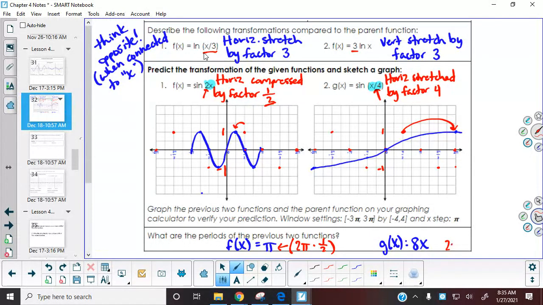Your original period is 2 pi. Since everything has been multiplied by 4, that means your period should say 8 pi, not 8x. There we go. Change that. Okay, so as you are looking at this, it's the same concept. It's just now being applied to sine and cosine. So don't make it something new.